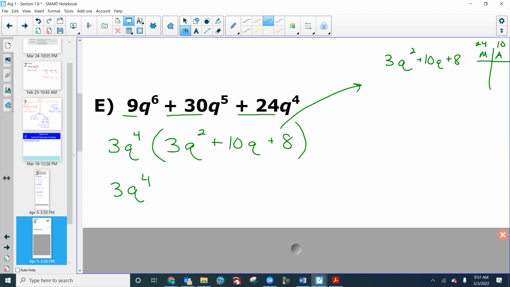It's actually 6 and 4. 6 and 4 multiply to 24. 6 plus 4 add to 10. So this is the one where you take 3q squared, leave it, 8, leave it, and break up 10q into 6q plus 4q. We're back to what we did the day of yesterday.